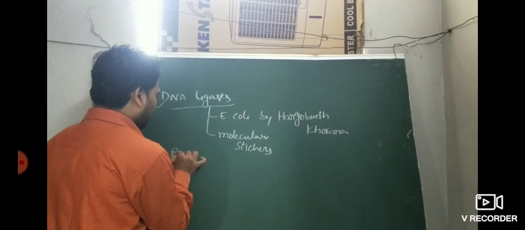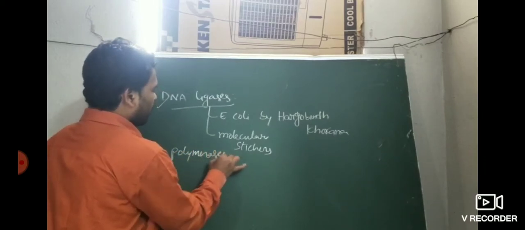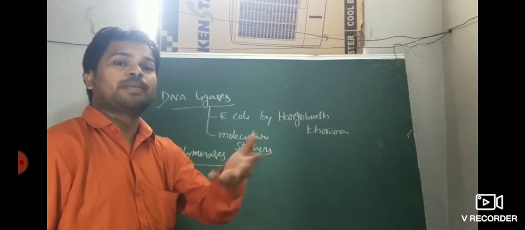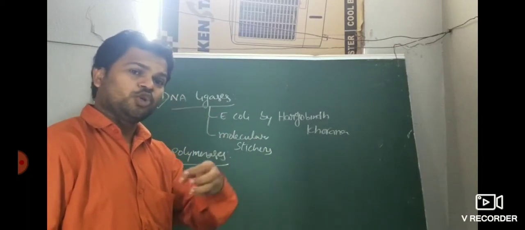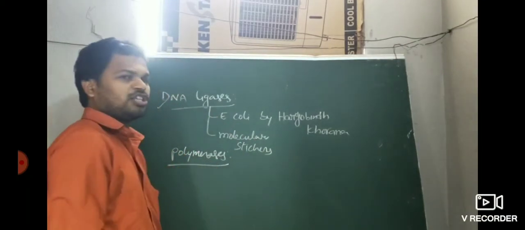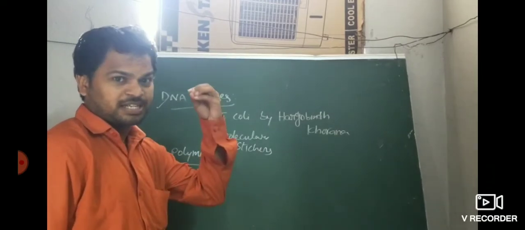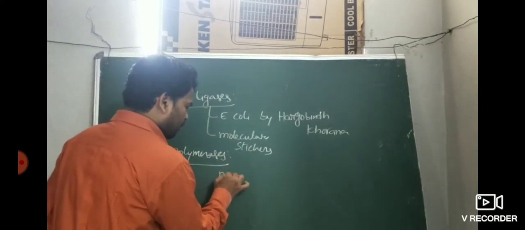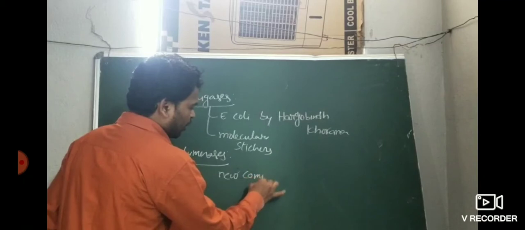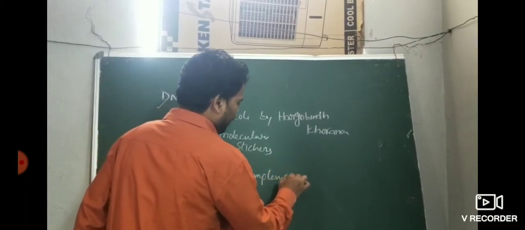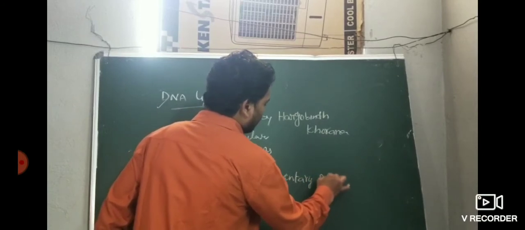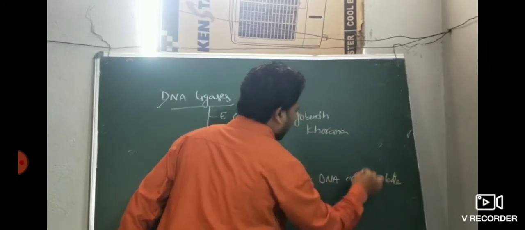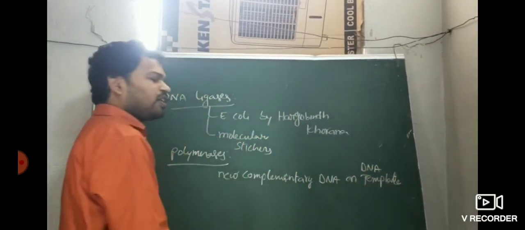Next, polymerase enzymes. What do polymerases do? They synthesize a new strand, a new complementary DNA. We have discussed this in molecular biology also. They synthesize new complementary DNA on a template. A DNA template requires which enzyme?